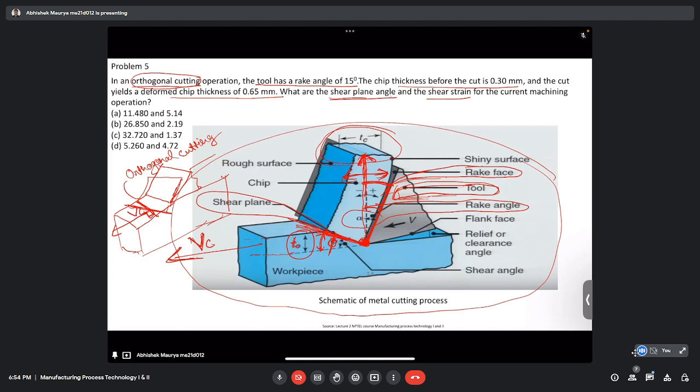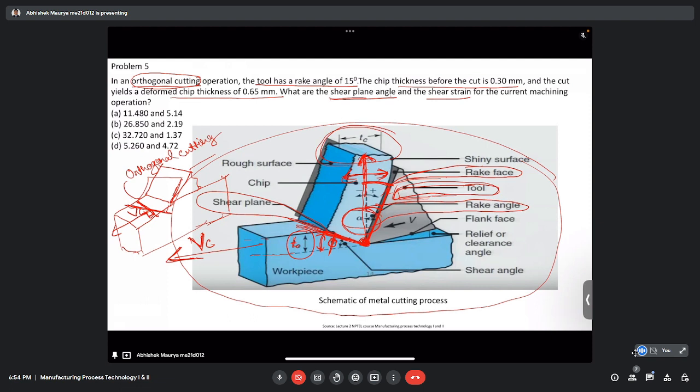So now let's come to this problem. What is given? First, it is given orthogonal cutting, and the rake angle is denoted by alpha here.